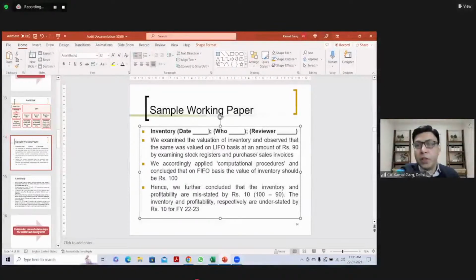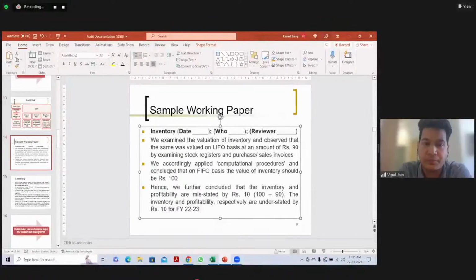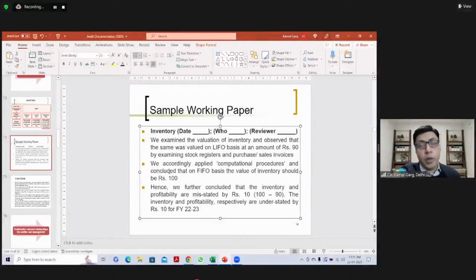Now, there could be a situation that in the previous year, you were the auditor. If you were the auditor, matters will not be complicated because most of the information will be known to you. But the problem arises in 2 cases: when the previous year figures were unaudited, or the previous year figures were audited by some other chartered accountant.